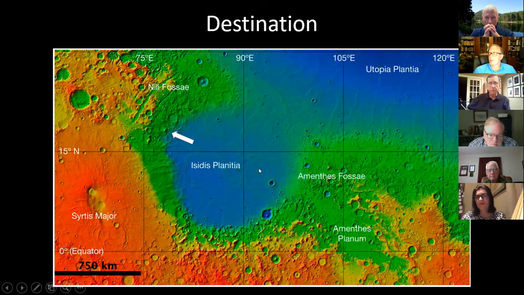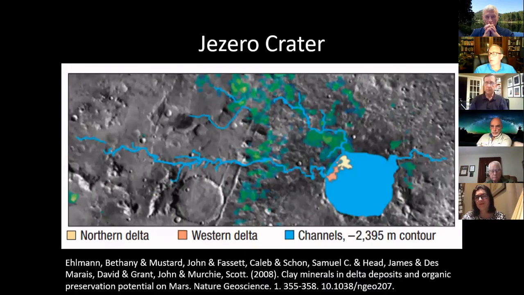And the interesting thing about this particular site, and this is one of many, many sites we're evaluating, but what folks really think about is that it appears that this crater was flooded about 3.5 billion years ago.